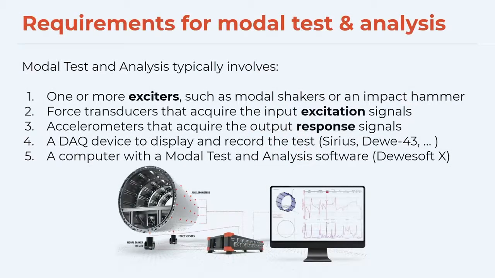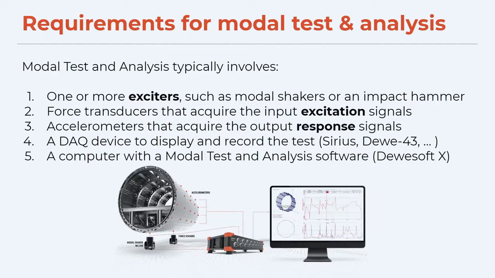We need force transducers that will acquire this excitation signal. On the other hand, we need accelerometers that would acquire the response signals from the structure. Of course, we need a data acquisition device to display and record the test.